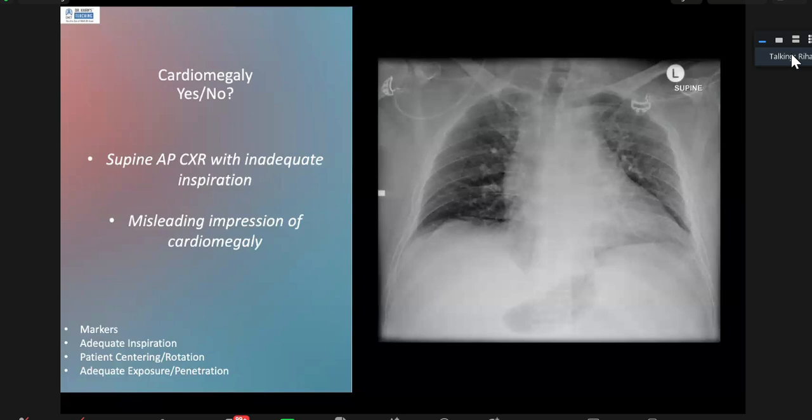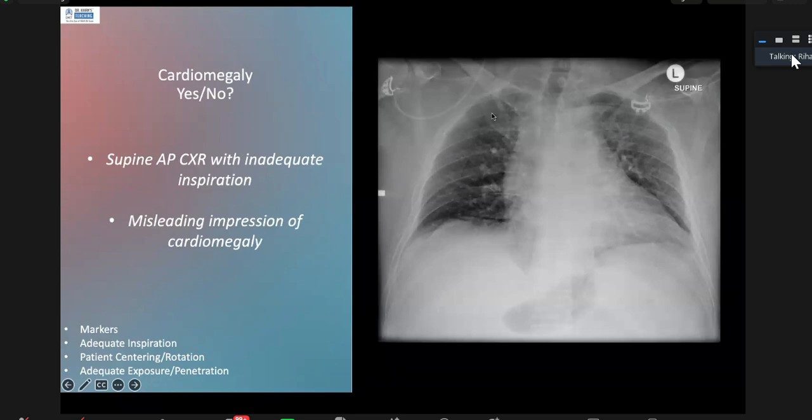Okay, and for this one, the question was, does this chest X-ray show cardiomegaly? If we have a look at this image, we can appreciate that it's a supine AP chest X-ray. Another thing to notice is that the inspiration is inadequate. The way that we assess whether inspiration is adequate is by counting the number of ribs, both anteriorly and posteriorly.